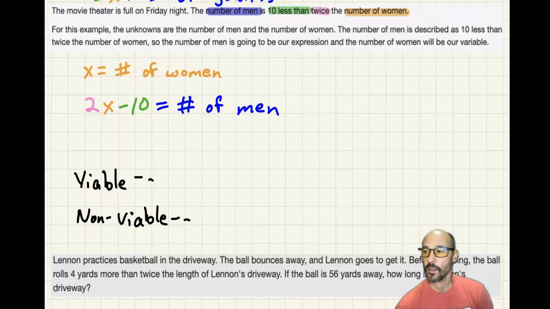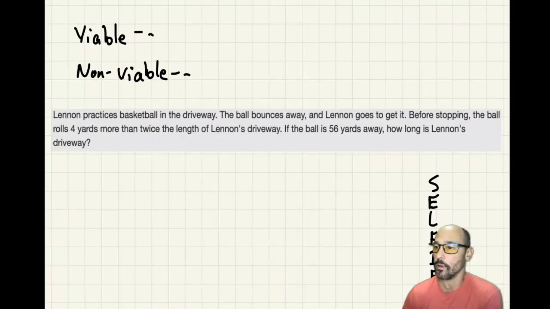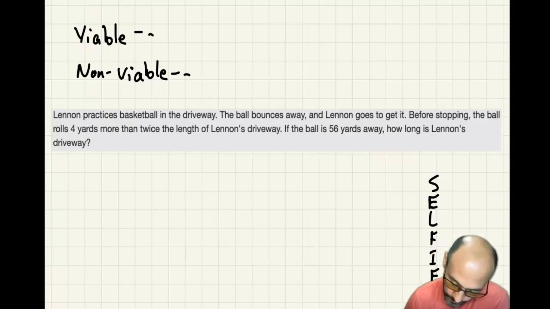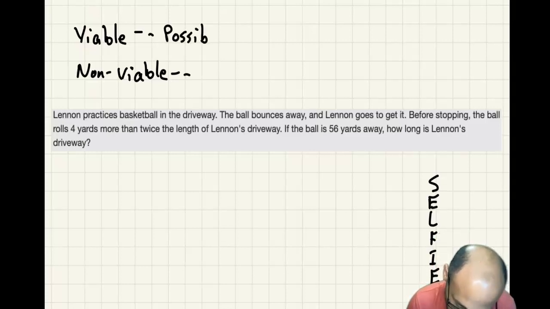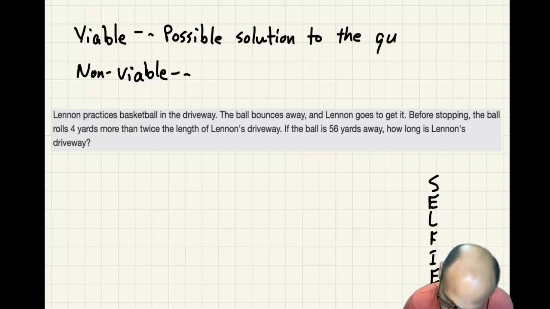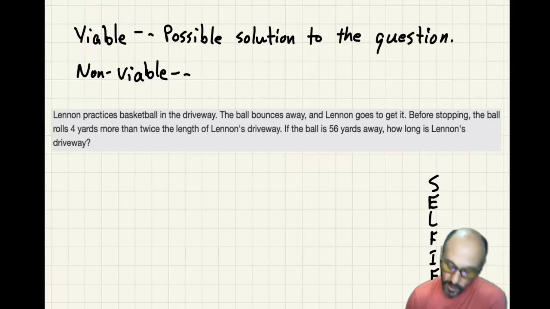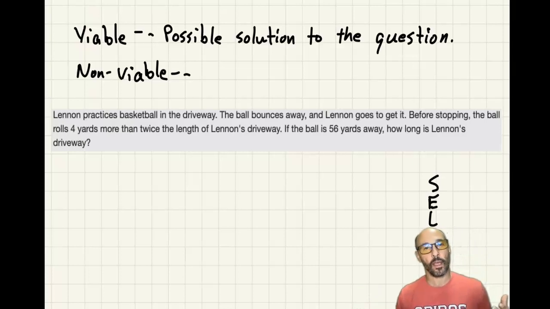And the next thing we need to think about is whether or not a solution is viable or non-viable. A viable solution is a possible solution to the question being answered. And if you think about it, if you solve a problem and it's about the length of something, and you come up with a negative number, that would not be viable.